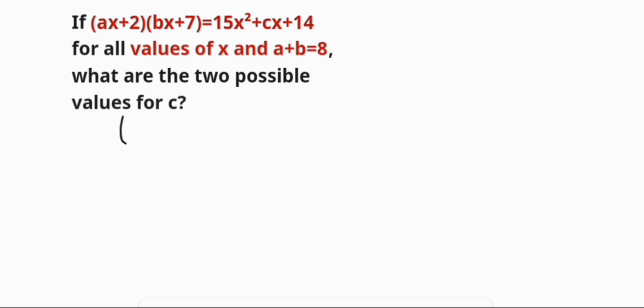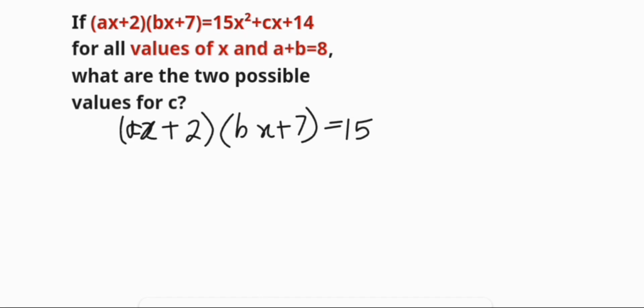So we have that ax plus 2 times bx plus 7 is equivalent to 15x squared plus cx plus 14.